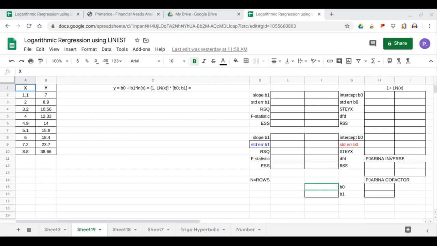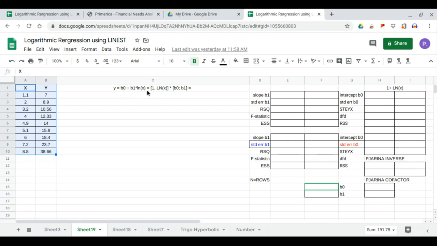Hello, in this video, we will use LINEST to perform the logarithmic regression analysis of this dataset, which is in the logarithmic form. So the logarithmic equation of this dataset is y equals b0 plus b1 ln x.